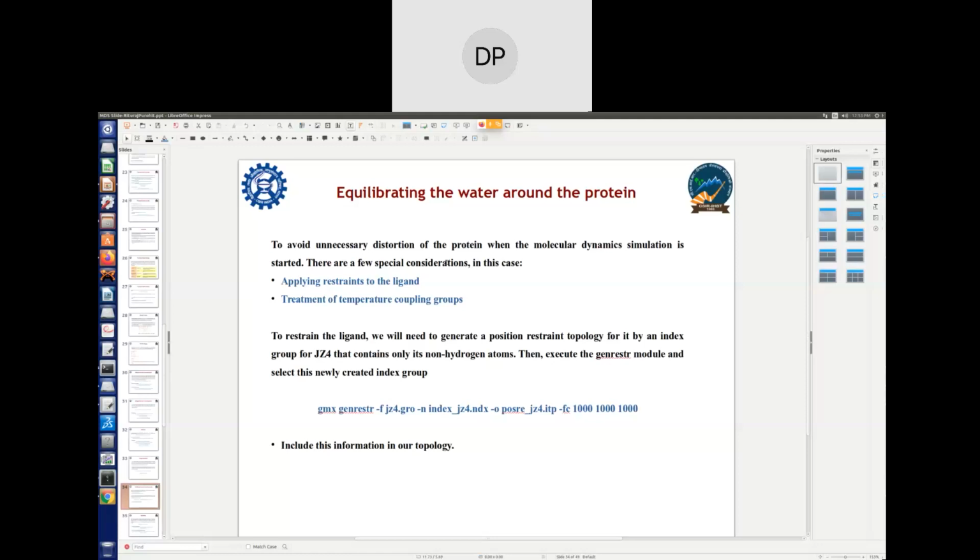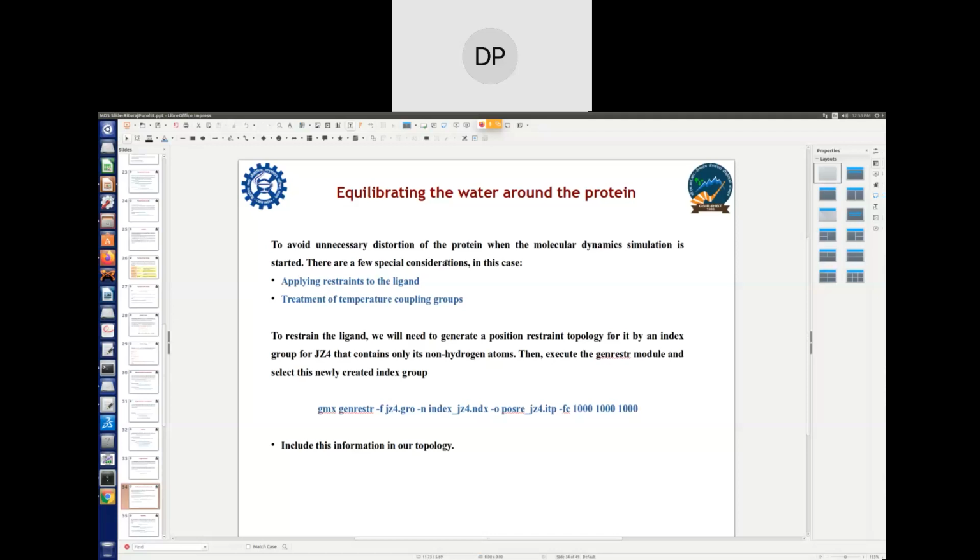In that you are applying a restraint to your protein-ligand complex, while other molecules or water molecules are unrestricted. So at this stage, the water molecules and other things can soak into the protein-ligand complex properly before going to the simulation.